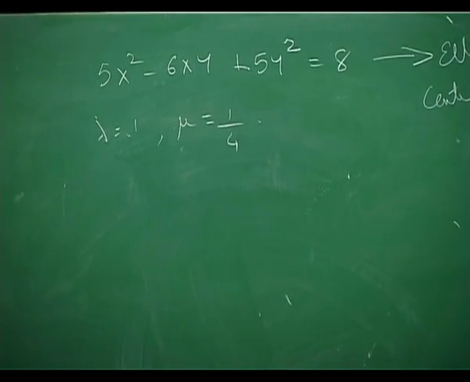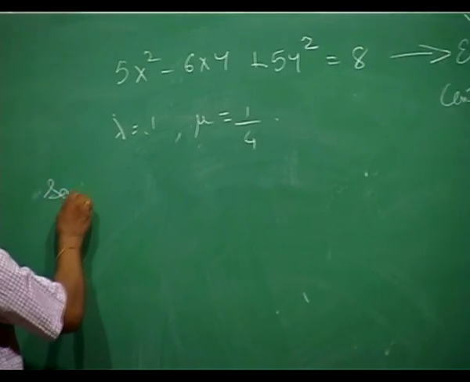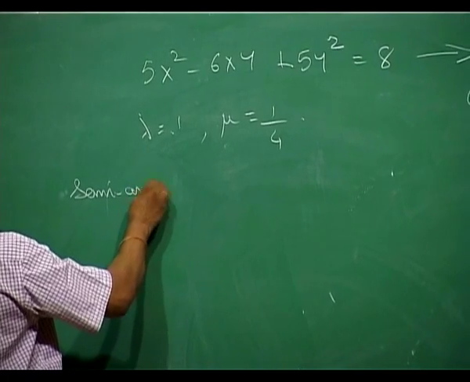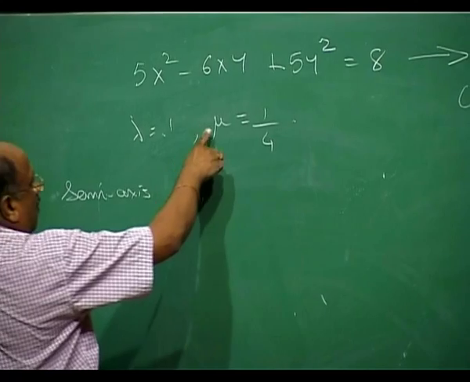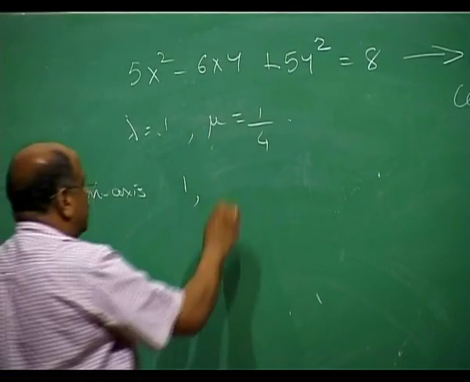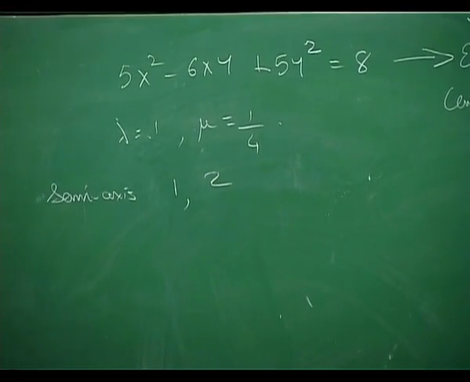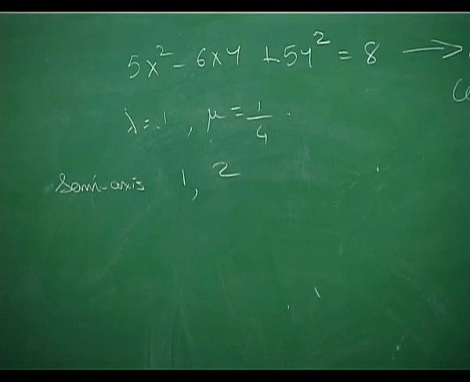So what are the semi-axes? 1 over root of lambda, so that is 1, and 1 over root of mu, that is 2. So the semi-axes of the ellipse are 1 and 2.